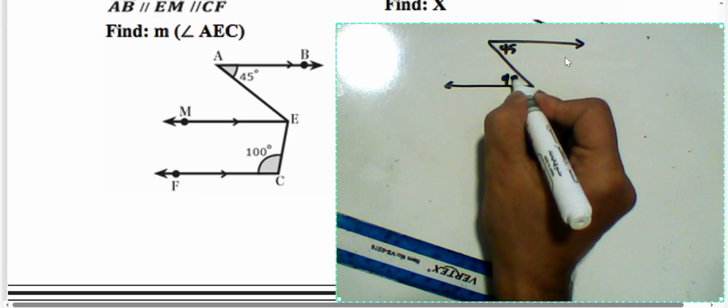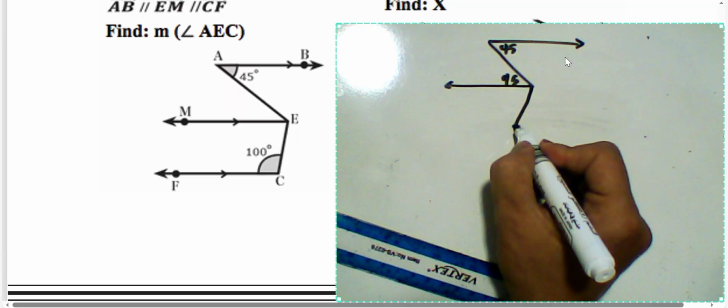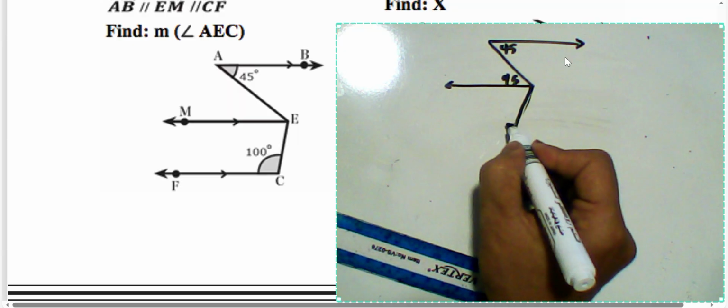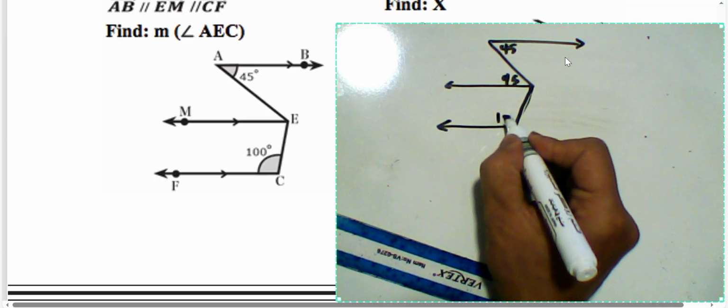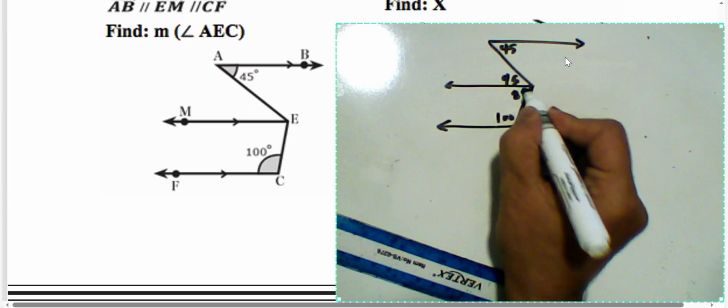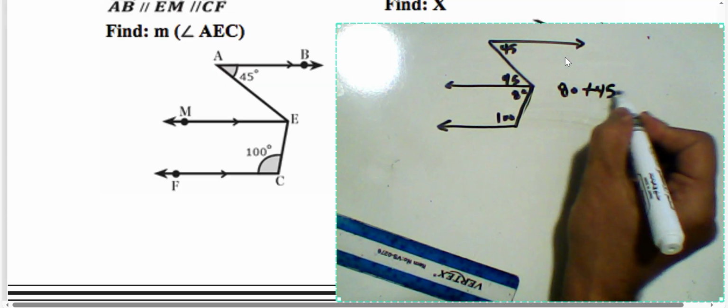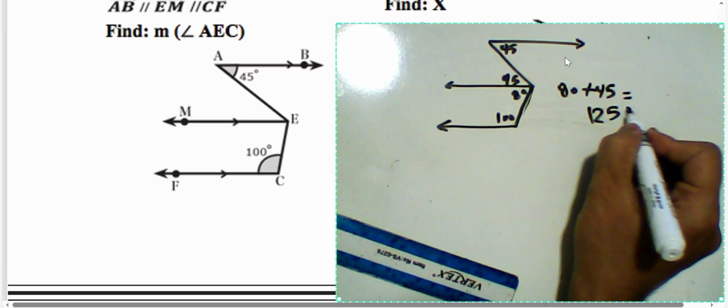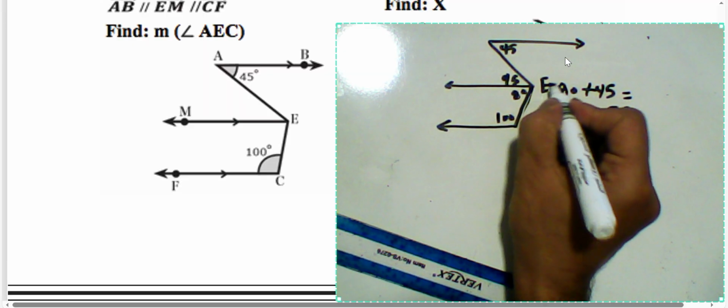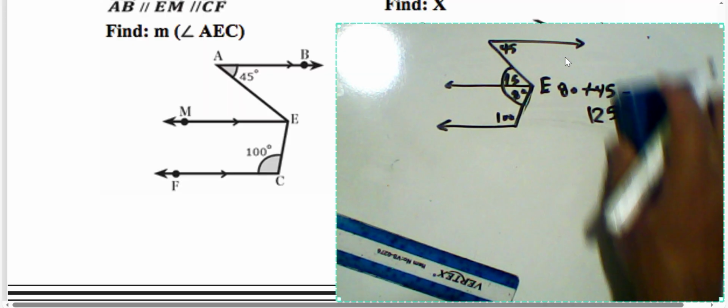It will be 45 degrees like this. This angle is 100 degrees, then it will be 80. 80 plus 45 is 125, the measure of angle E here.